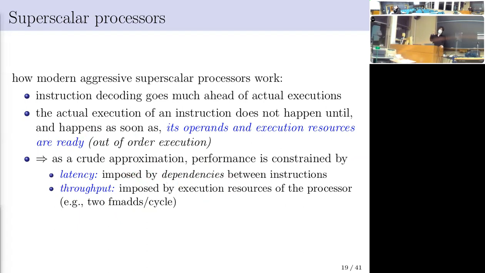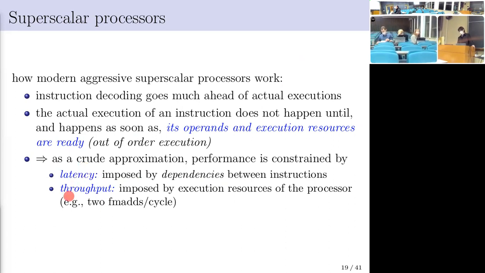So when an instruction needs an operand that is produced by an earlier instruction, then this instruction can get started only a few cycles, the latency cycles, after the earlier instruction, right? So that's the latency.